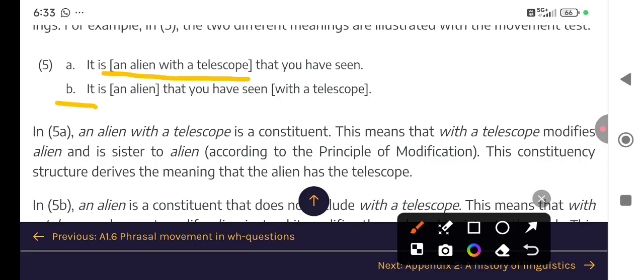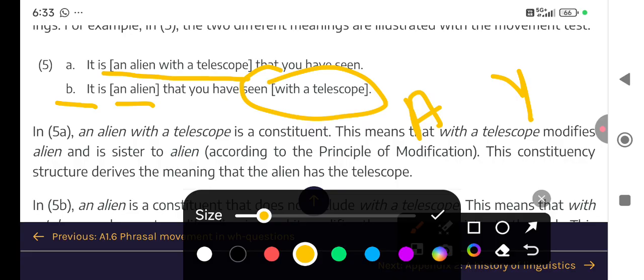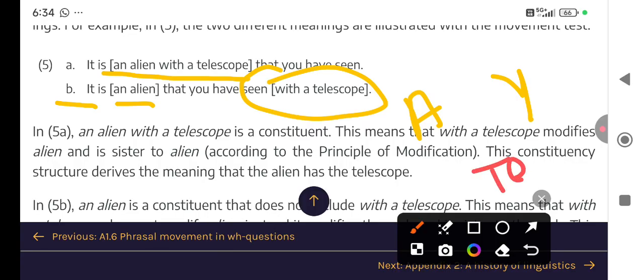In 5B, it is an alien that you have seen with a telescope. The telescope may be with the alien or with you, so there are two interpretations of the sentence.